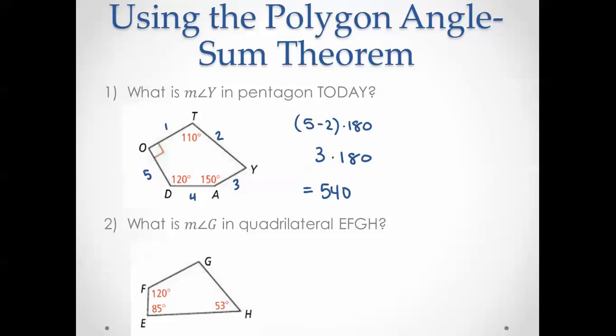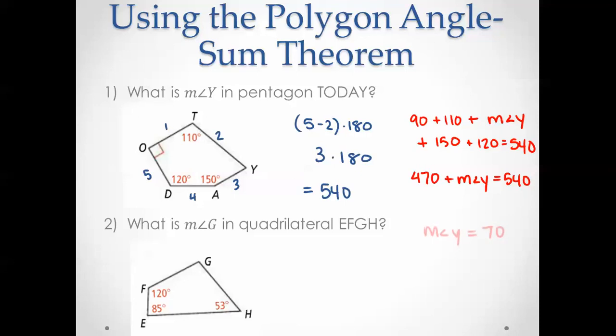So all the angles inside that pentagon have to add up to 540. I'm going to take all 4 angles that I know, plus the measure of angle y, and add those together to equal 540. When I combine like terms, I get 470 plus the measure of angle y is 540. So I just subtract 470 from both sides to find that the measure of angle y is 70 degrees.